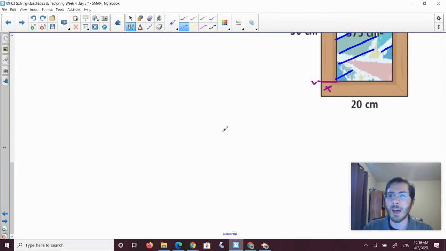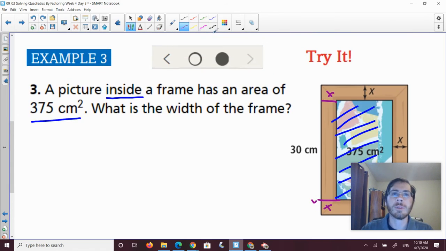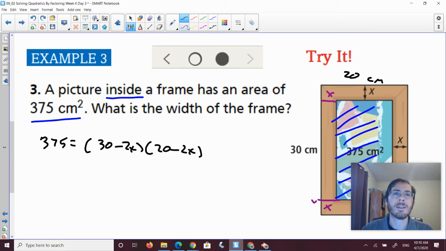I'll show you 20 is at the bottom there. We'll write that up here. That didn't show up well with the face cam. So our equation is going to be 375 equals 30 minus 2x times 20 minus 2x.